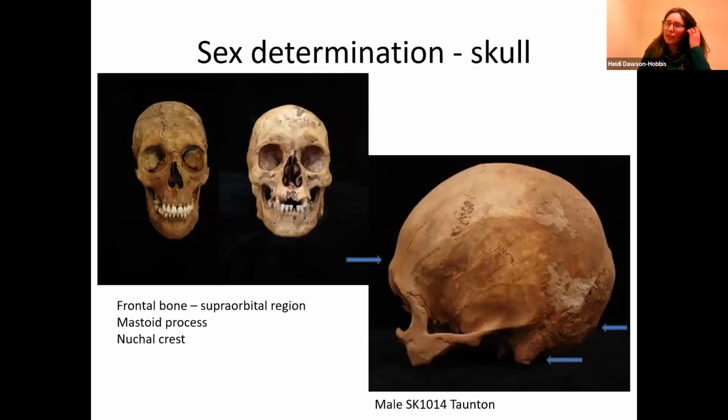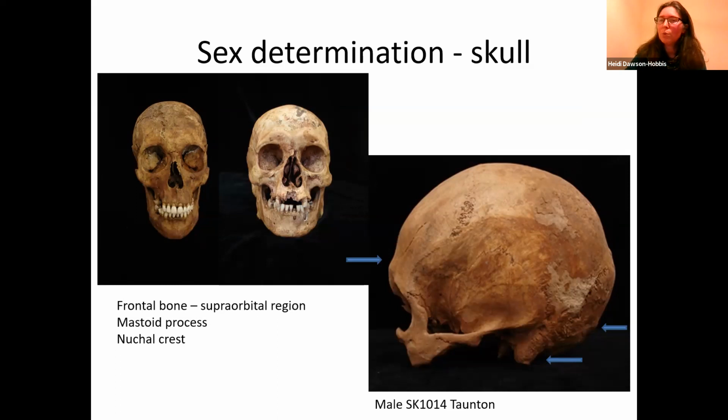Again, here I've got examples of a male and a female skull, and I've also got a male skull illustrated on the right-hand side, picking up some features. When we're looking at features of the skull, males' skulls tend to change as they grow into adulthood, and also as they get older.